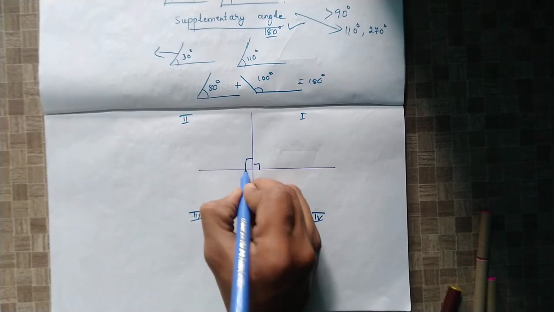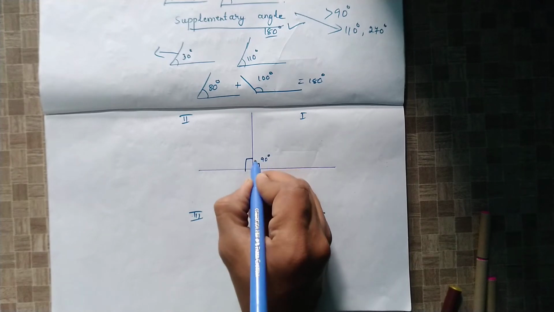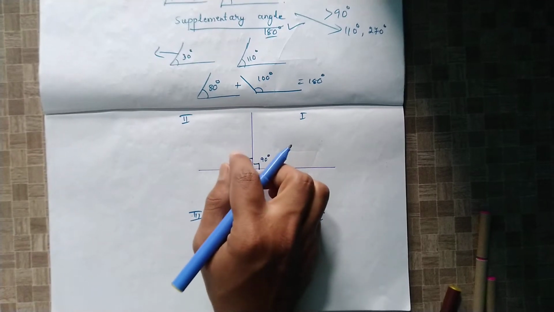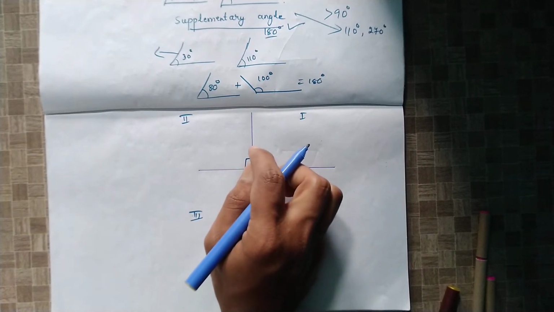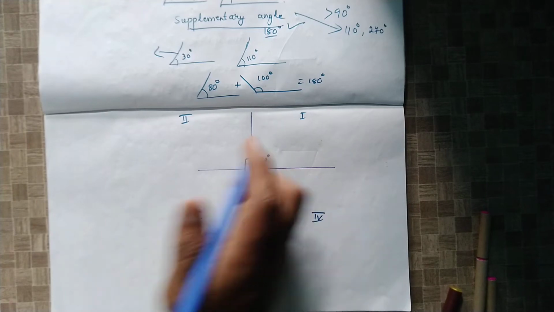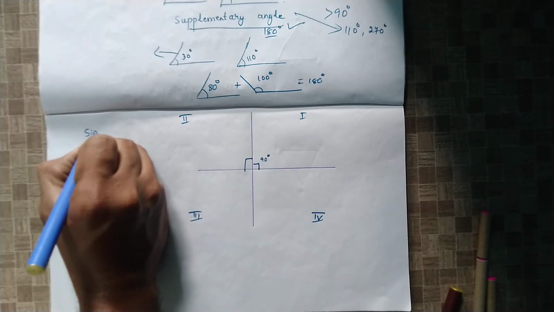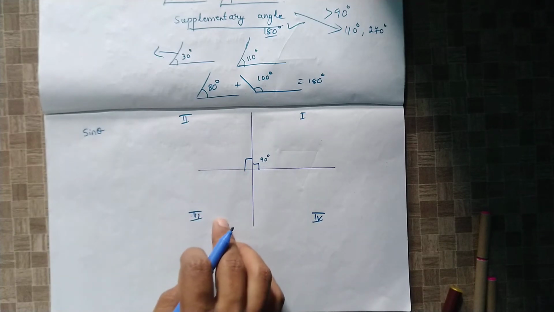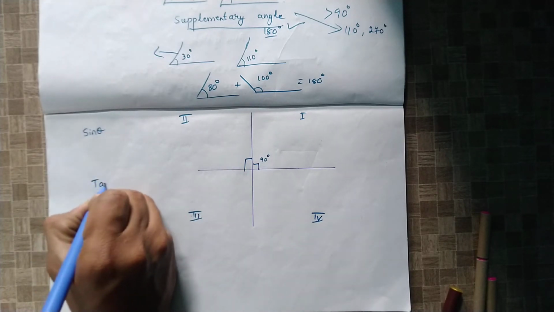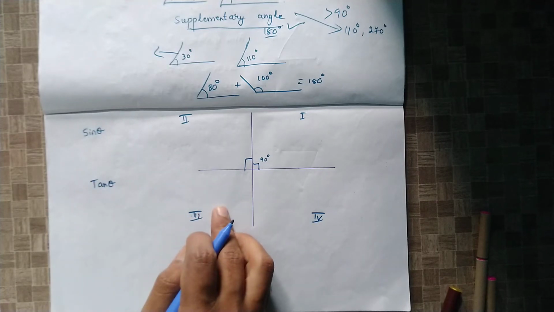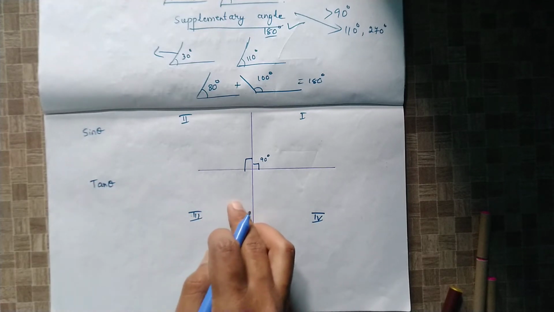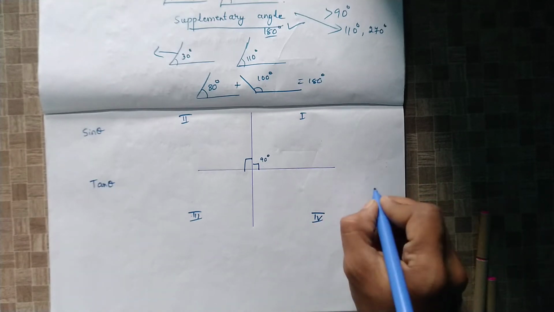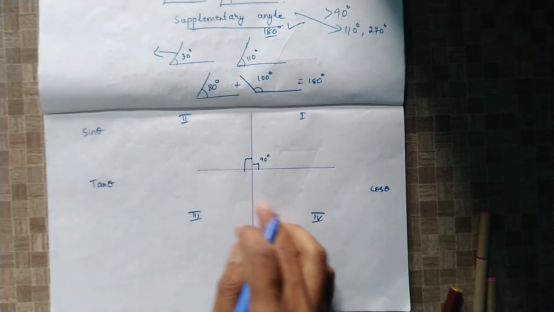In the second quadrant, this is 90 degrees and this is 180 degrees. Except sin theta, all the angles are negative. In the third quadrant, only tan theta is positive and all others are negative. In the fourth quadrant, only cos theta is positive, all the others are negative.